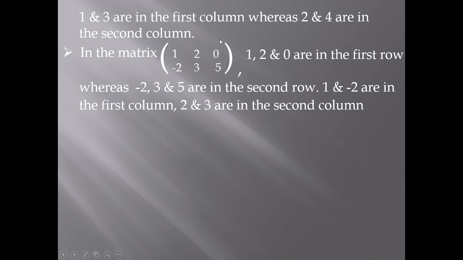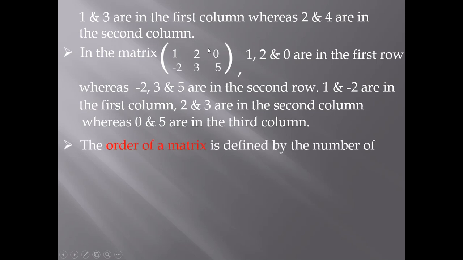So if I want the elements that are in the third column, that is 0 and 5, those elements are in the third column. Now if I may ask, referring to this matrix, which element is in the first row, second column?